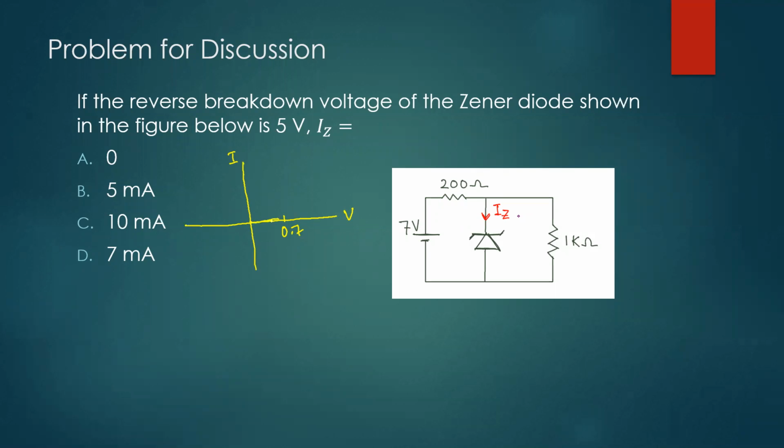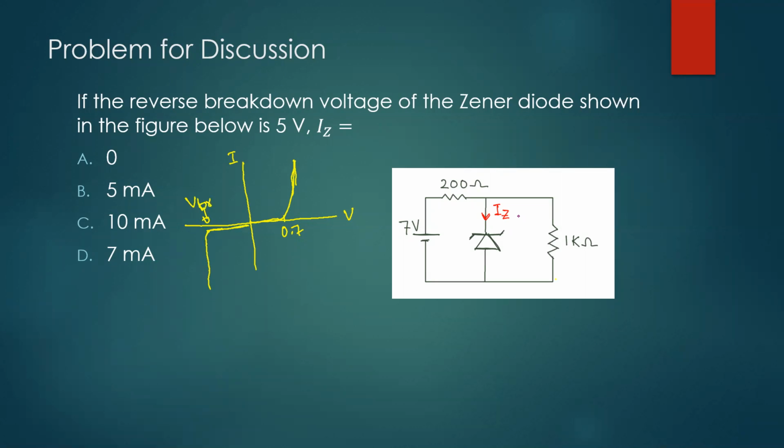After that, current sharply rises, a smooth curve. But if you reverse the voltage, you don't have current, but after some time, the current suddenly shoots up in the reverse direction. So in the reverse bias, there is something known as the breakdown voltage.